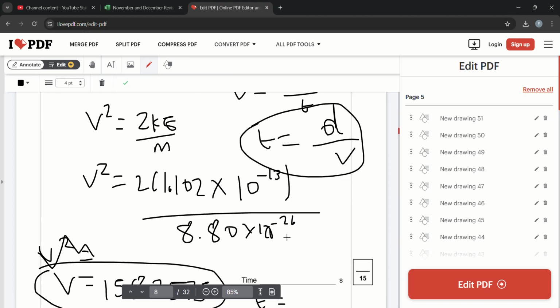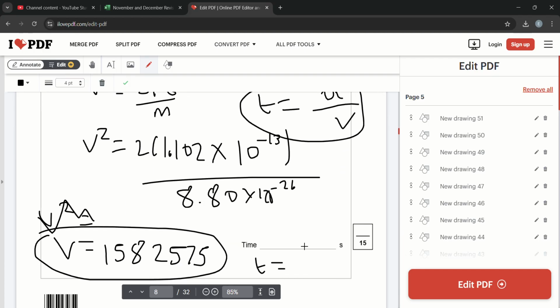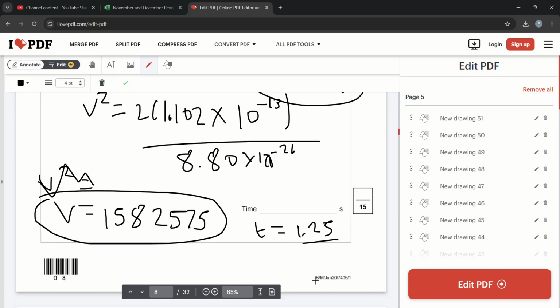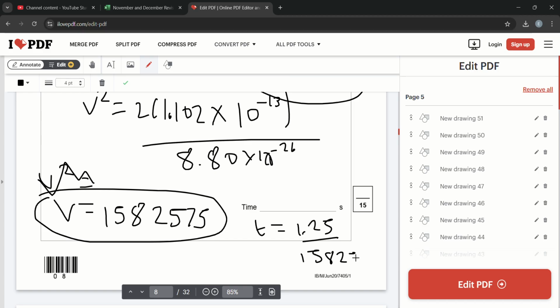Therefore time is equal to 1.25 over 1582575. Then you get 7.8985191 times by 10 to the power minus 7, rounded to 7.90 times by 10 to the power minus 7.